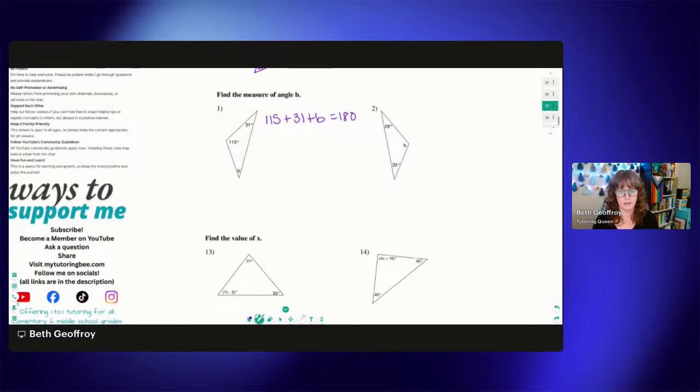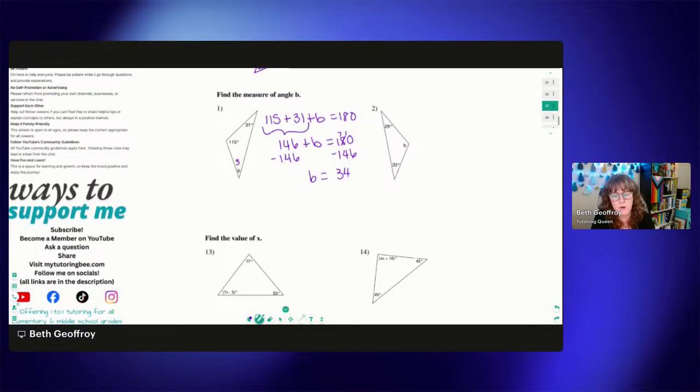And now we're going to combine like terms. So 115 plus 31 gives us 146 plus B equals 180. Then we're just going to subtract 146 from both sides of the equation. And then B equals, let's see, this will give us 4 and 3, so 34.